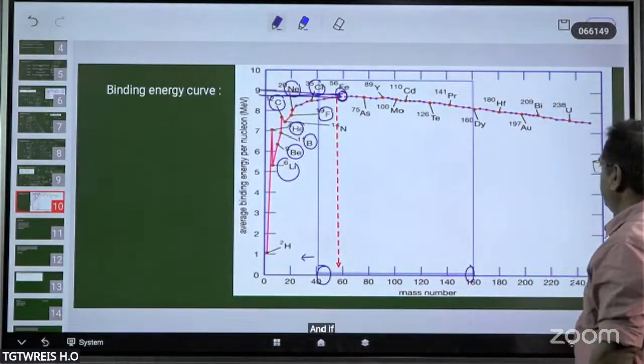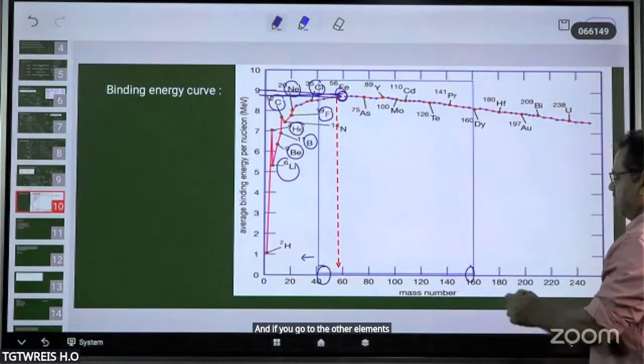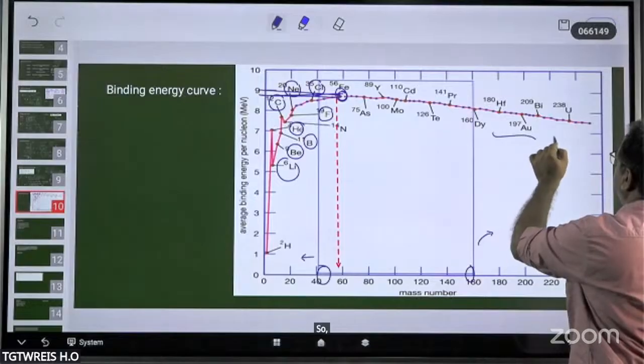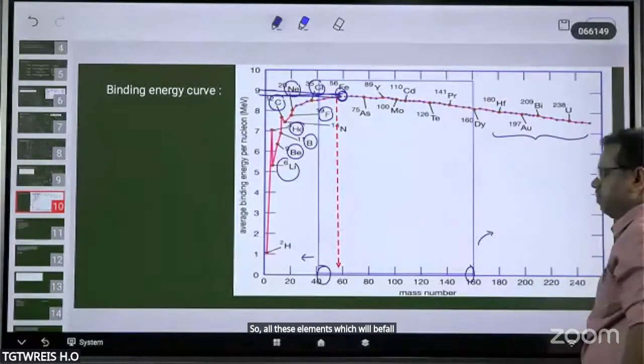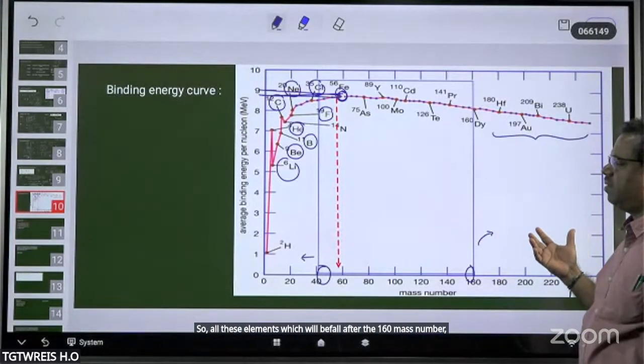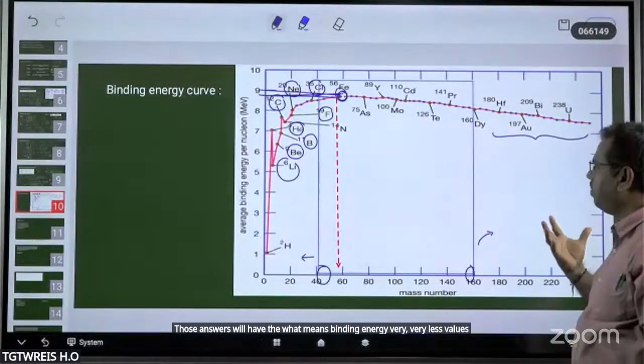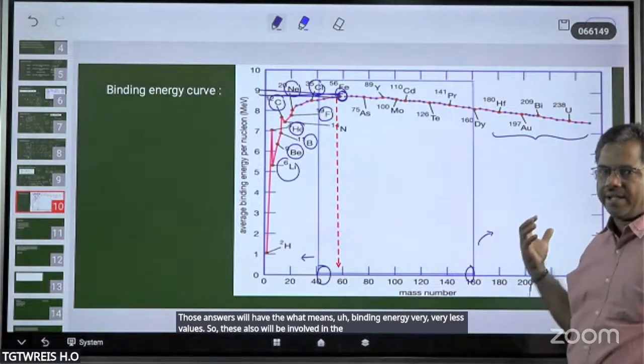And if you go to the other elements whose mass number is more than 160, all these elements which fall after the 160 mass number will also have very low binding energy values. So these also will be involved in nuclear reactions.